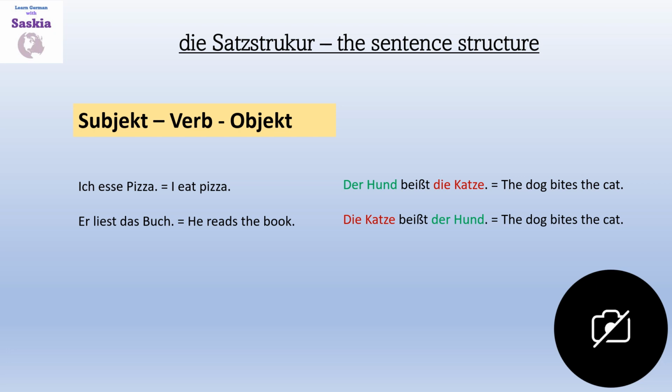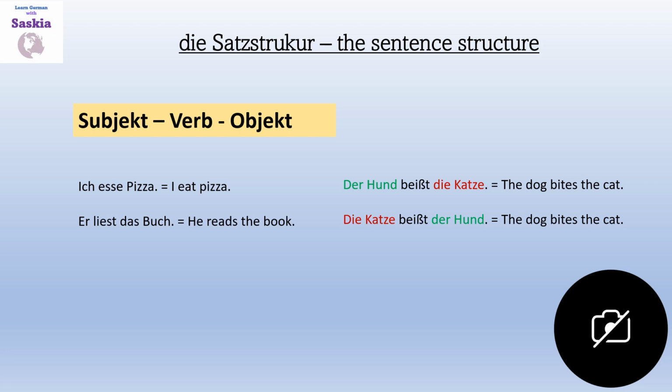So if we change it to die Katze beißt der Hund, the dog bites the cat, the meaning is still the same. In English, there's no such thing. So in English, the translation would still be the dog bites the cat, or maybe you could translate it as something like the cat gets bitten by the dog or something similar.